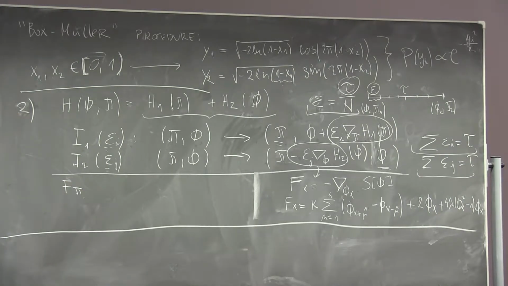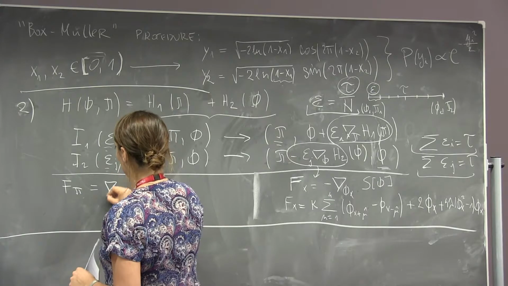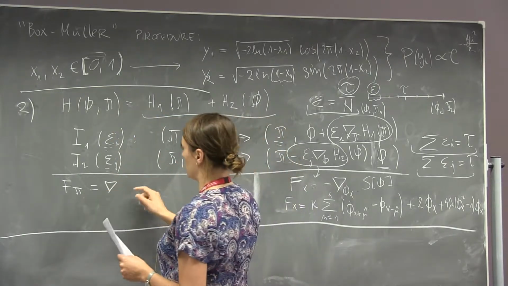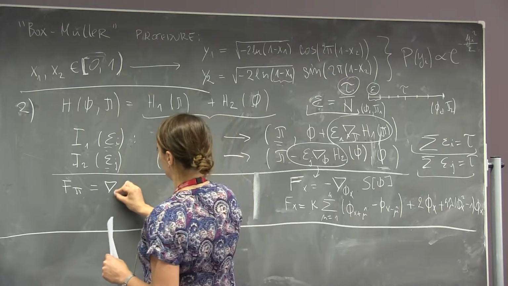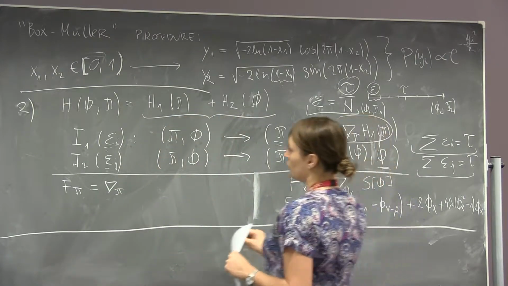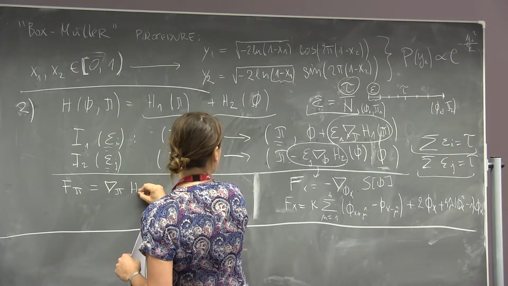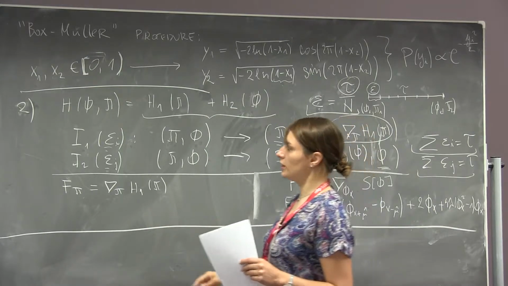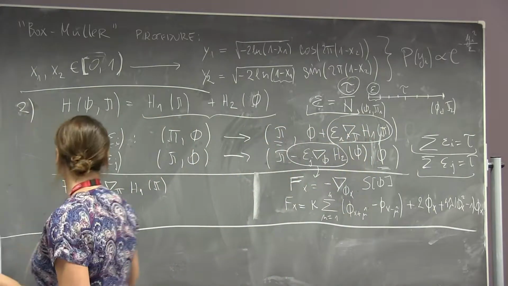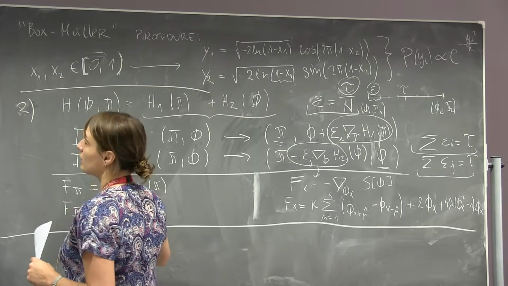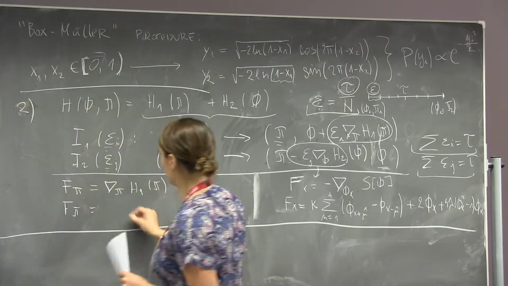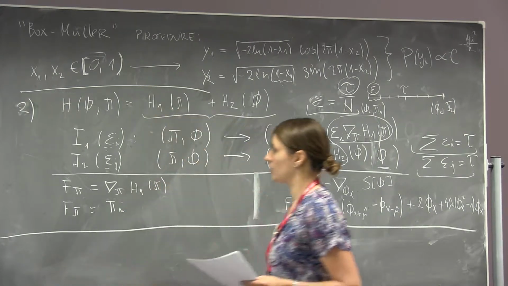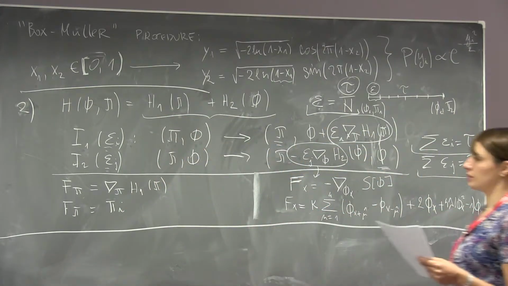Since our momentum dependent part is only pi_i squared divided by 2, the force corresponding to the momenta will be the derivative of H1 of pi with respect to pi, and the derivative of pi_i squared divided by 2 with respect to pi_i actually only gives us pi_i.